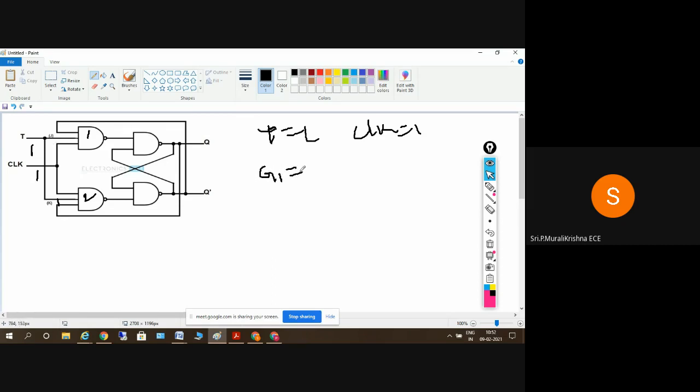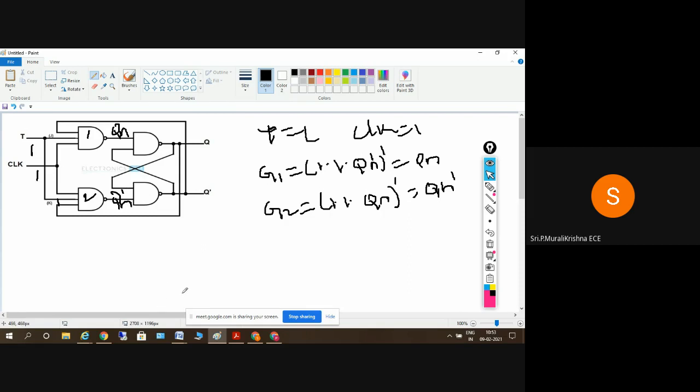G1 is equal to 1 into Qn bar whole bar, that is equal to Qn. And G2 is equal to 1 into Qn whole bar, that is equal to Qn bar.